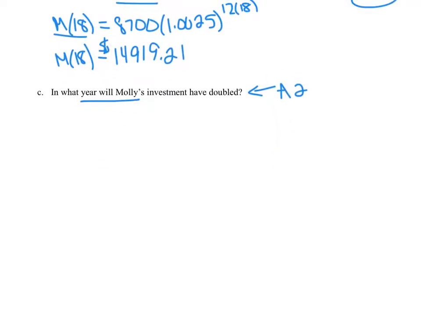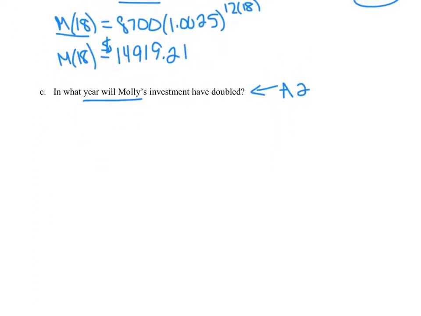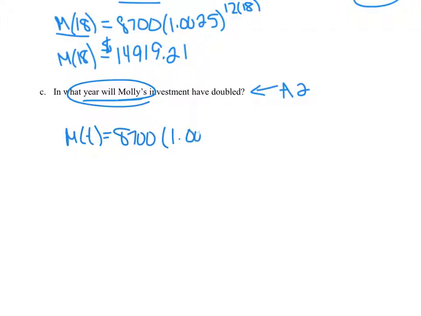Now we have to remember whenever we are solving for an exponent, so we're solving for the year here, our formula is 8,700 to the 12t. But now we have to plug in the right thing. You're either going to plug in t or M of t.